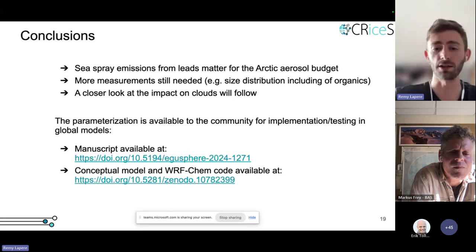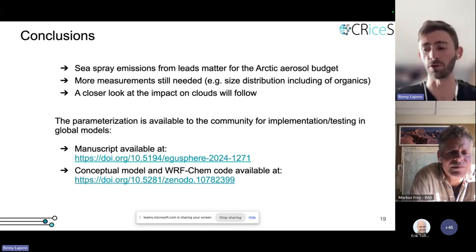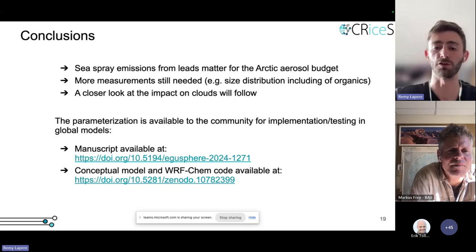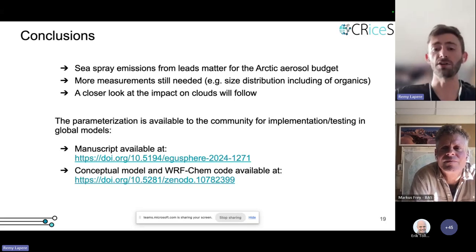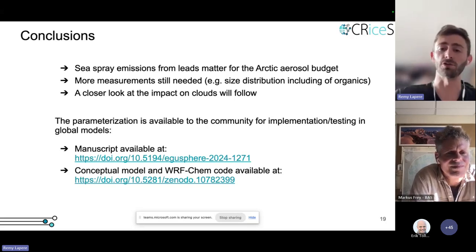For those interested, there's a paper out on just that. So this parameterization of sea spray from leads and its implementation, both in the toy model and in the WRF-Chem code. I didn't touch upon the WRF-Chem version of it, but if you're interested, go look at the code and at the manuscript.